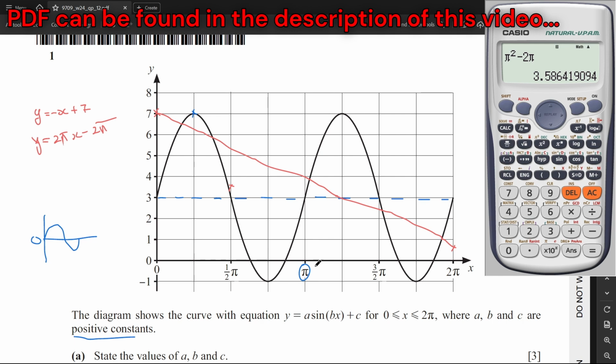And let's check what happens on pi. So 2 pi into pi is going to become 2 pi square, and then minus 2 pi. It comes out to be 13. So again, it goes way beyond this.